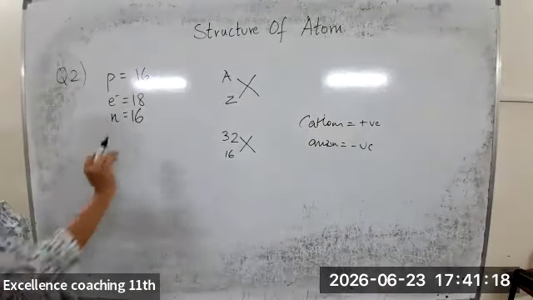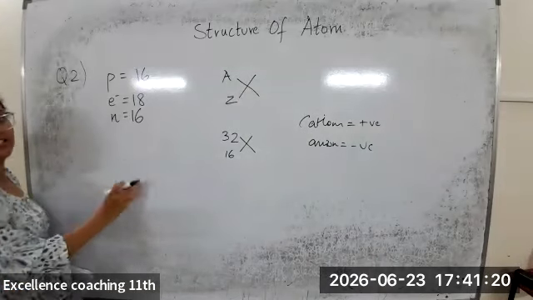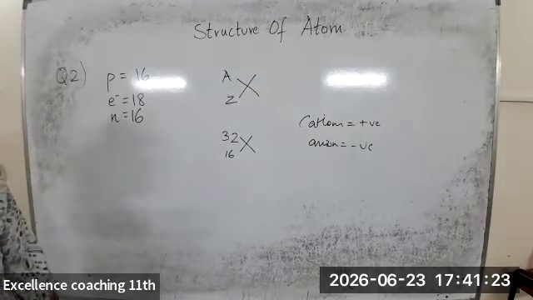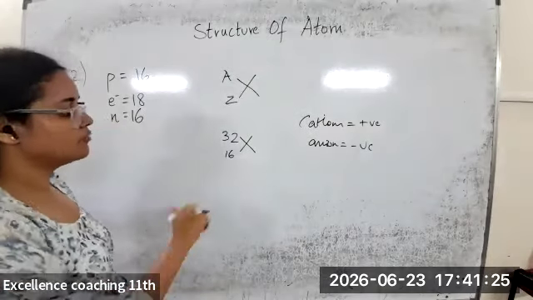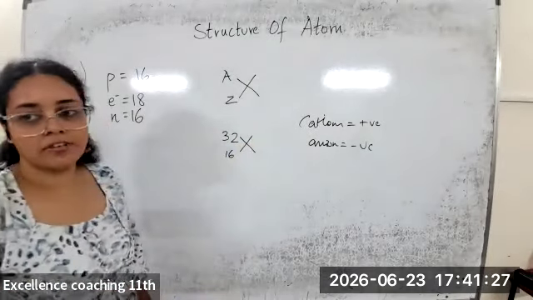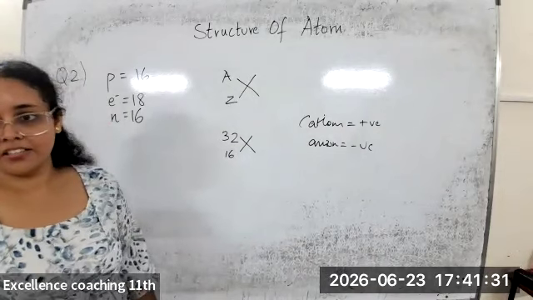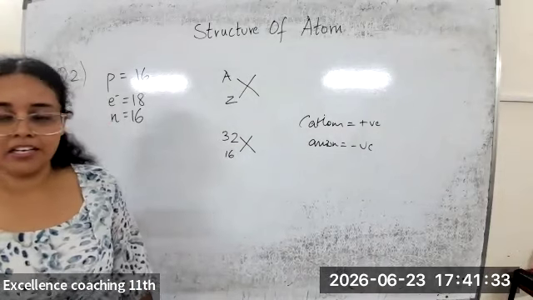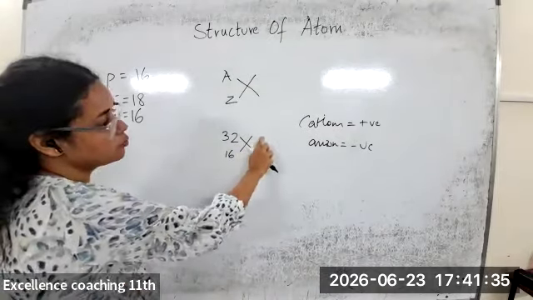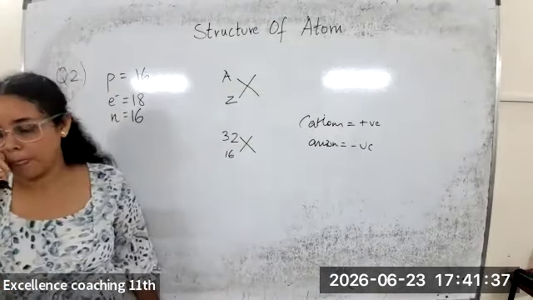So suppose I do 18 minus 16, how much remains here? 2. Now whether it will be negative or positive, how will I find that? Does anyone know? Whether to write positive 2 here or negative 2 here.